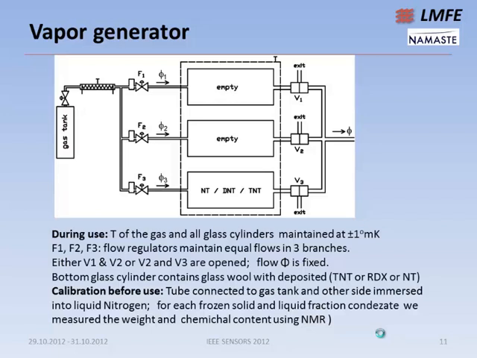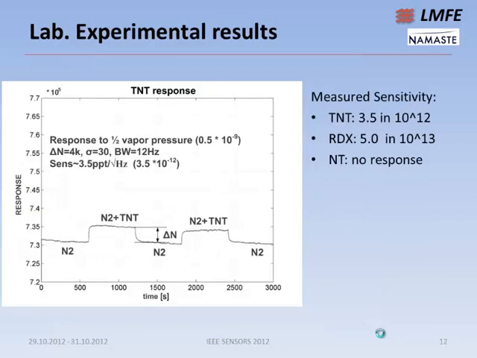Of course, we need to do a calibration before use, and we did that by immersing this tube into liquid nitrogen, and then the frozen solids and liquid fraction were analyzed, I will finish very soon, by NMR.